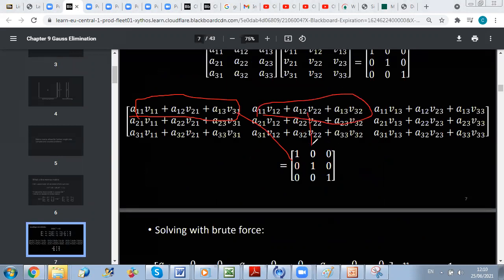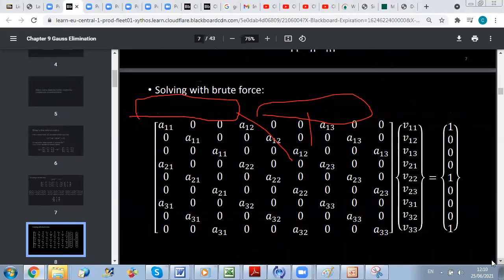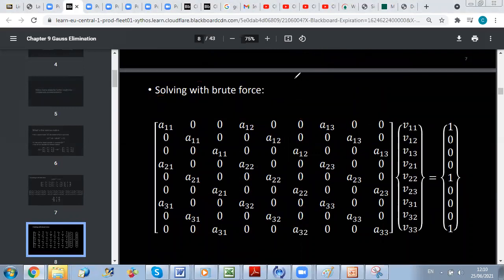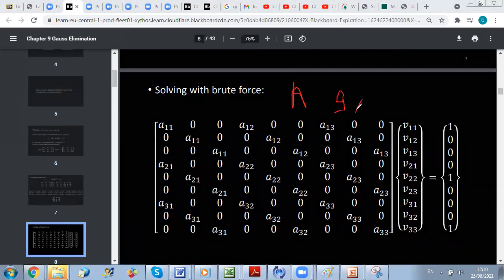If I change the form into a matrix form, I will end up with a system of 9 equations with 9 unknowns. So matrix A here will be a 9 by 9 matrix, which is really hard: if I want to solve the system by Gauss elimination, it will need a lot of time.